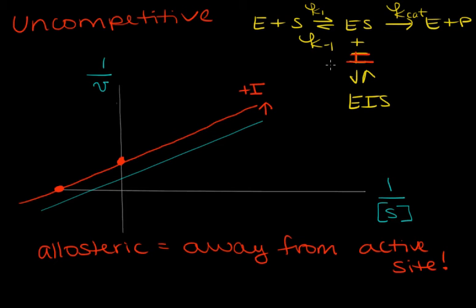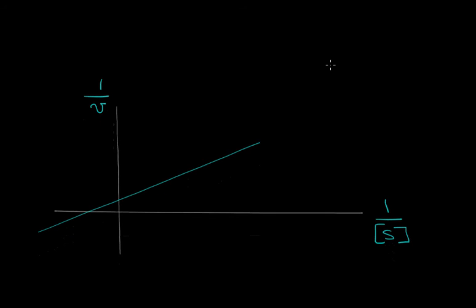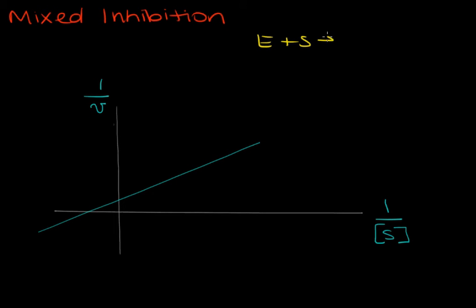So the final one we want to talk about is mixed inhibition. So a mixed inhibitor can bind either the enzyme or the enzyme substrate complex.